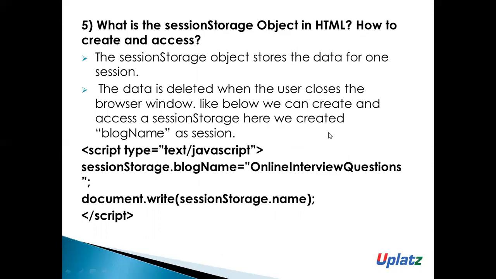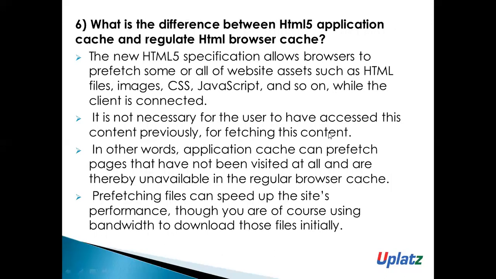The next question is what is the difference between application cache and regular HTML browser cache? With application cache, all the website files such as HTML, CSS and JavaScript are stored while the client is connected, so it is not necessary for the user to have accessed the content previously for fetching.